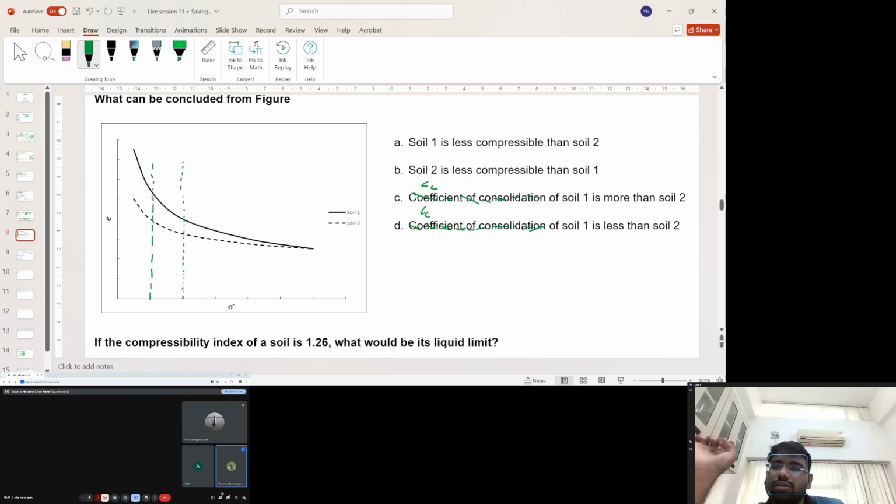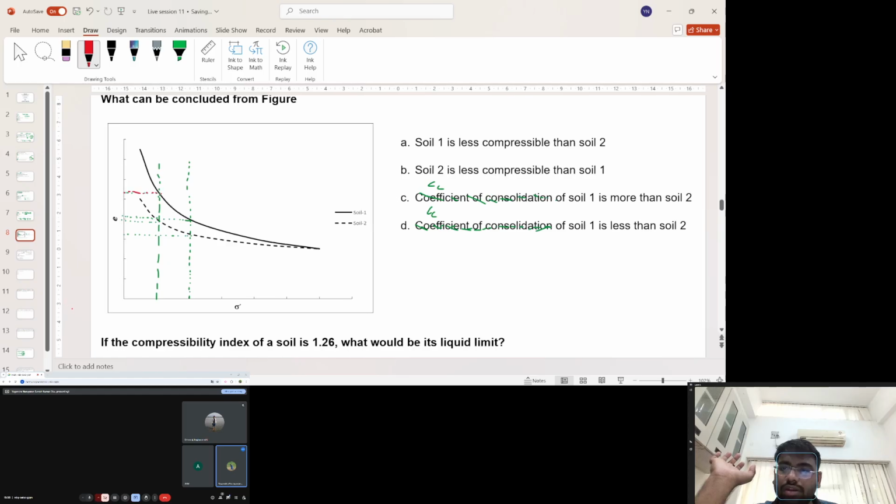Now this is the initial void ratio for soil 2, and this is the final void ratio for soil 2, right? Now this is the initial void ratio for soil 1, and this is the final void ratio for soil 1. Is it clear? Yes, sir.